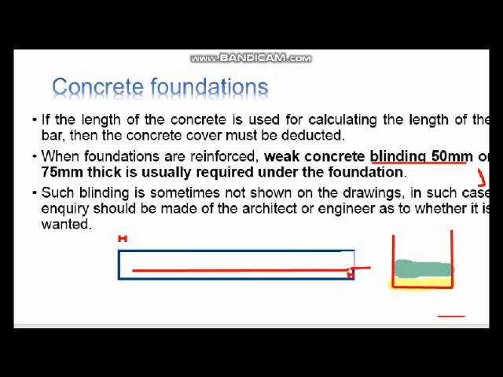Okay, this is to strengthen or stabilize this type of concrete. So you will measure this blinding as well. If it is not shown on the drawing, you need to check the specifications stated by the architect or the engineer.